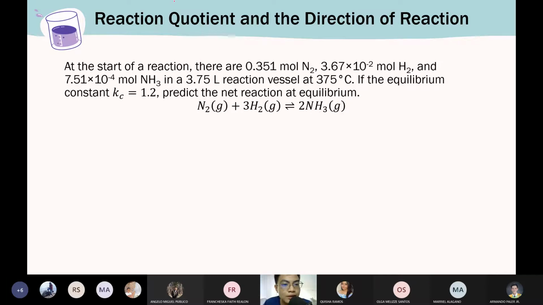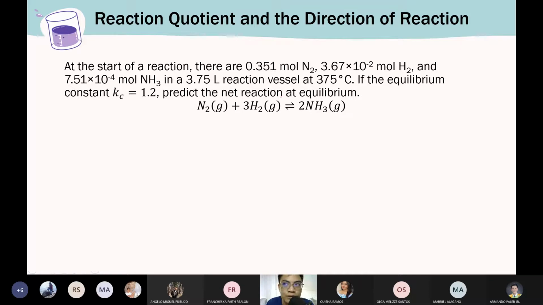So, sabi dito, at the start of the reaction, there are 0.351 mole of nitrogen gas, 3.67 times 10 raised to negative 2 mole of hydrogen gas, and 7.51 times 10 raised to negative 4 mole of ammonia in a 3.75 liter reaction vessel at 375 degrees Celsius. Ayun yung start ha, those are their concentration.